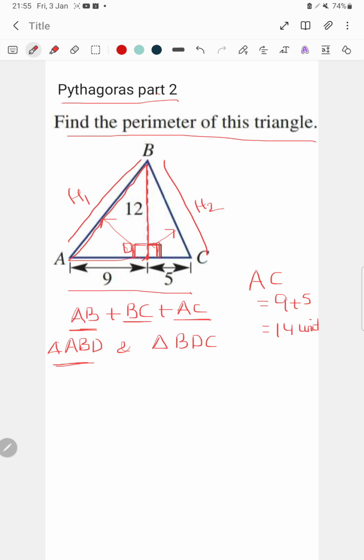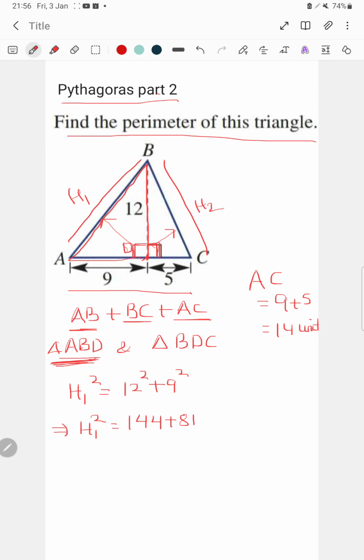Now if I have to find H1, I will be applying the Pythagoras theorem in triangle ABD, and I will say H1 square is equal to 12 square plus 9 square, which gives me H1 square as 144 plus 81. I just want to add one more point.